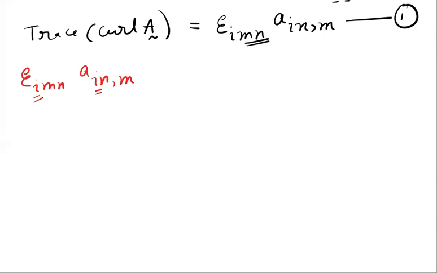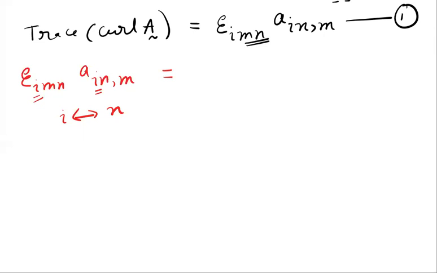All are dummy here. So in the place of i, m, n, I can take any alphabets. Now what we do is interchange i and n. It will not change anything. So wherever i is there, we'll put n, and wherever n is there, we'll put i.